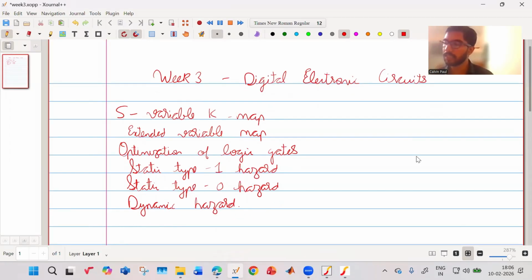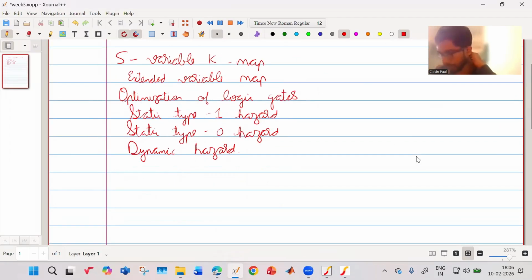Okay, so we will start with the 5 variable K map, and we will look into how we tackle this sum. We will learn about the 5 variable K map directly by solving a sum. Okay, so let me start the sum.